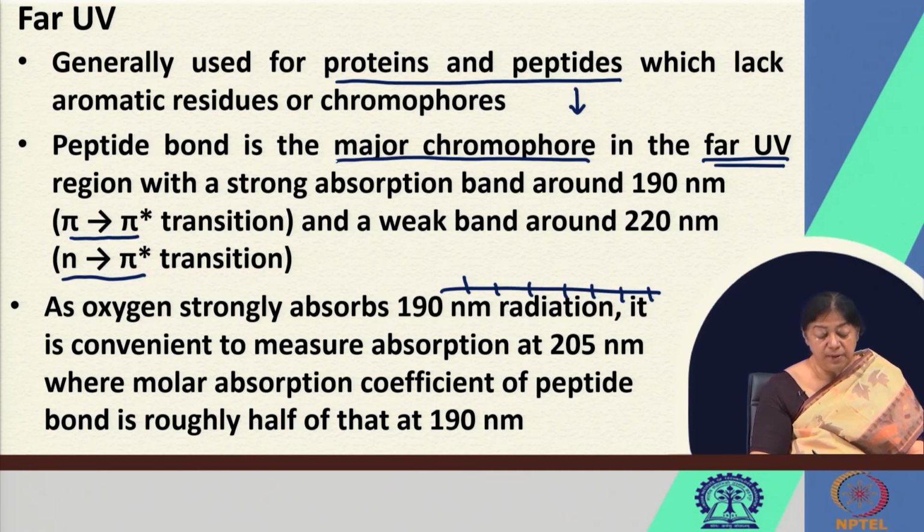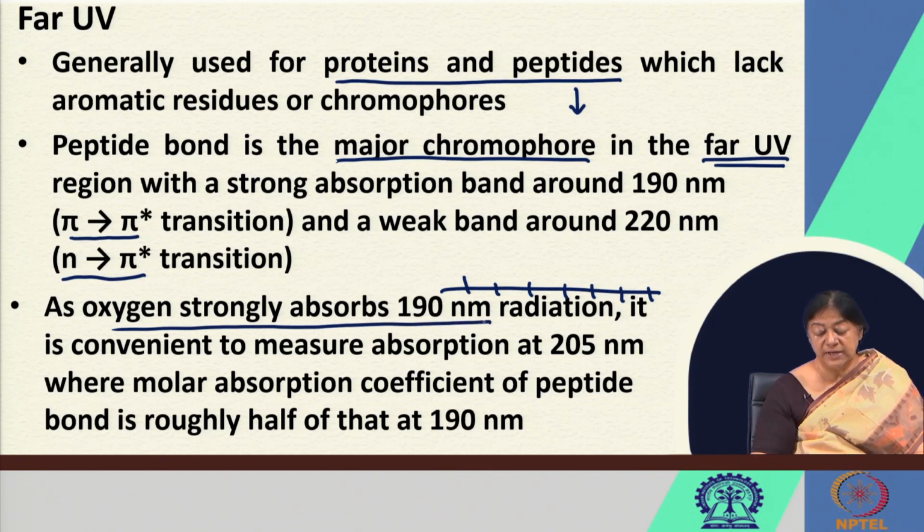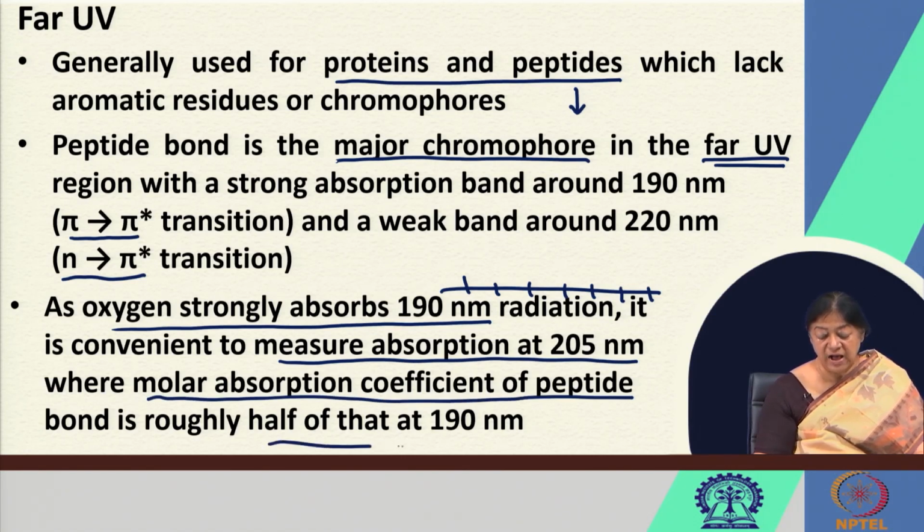Now, a problem here is that oxygen also strongly absorbs at 190 nanometer. So, we usually measure the absorption at 205 nanometer, where the molar absorption coefficient of the peptide is actually half that observed at 190 nanometer, which is the strong absorption band.